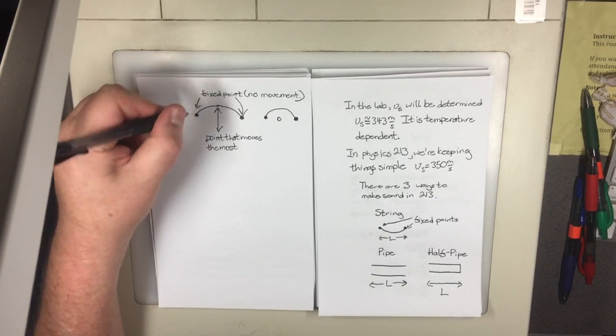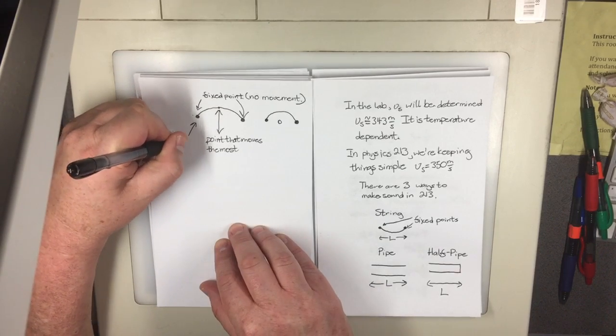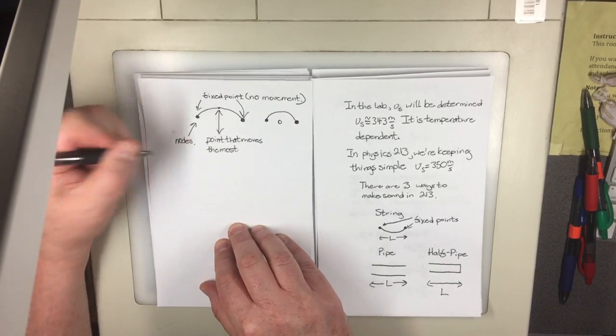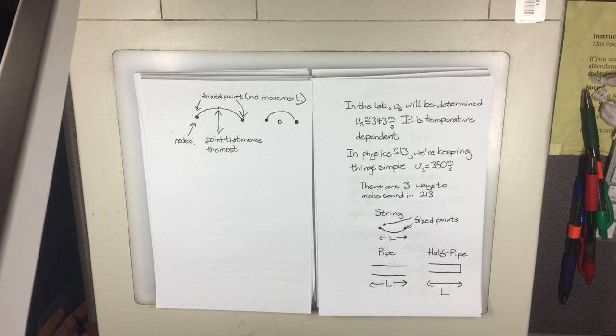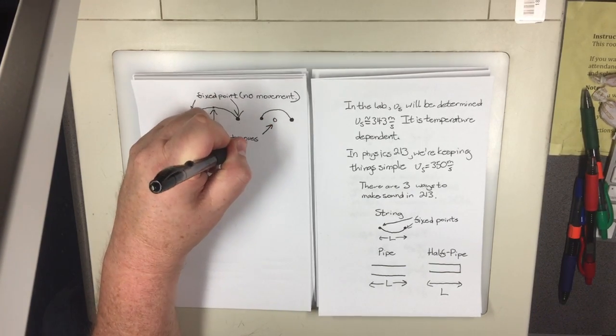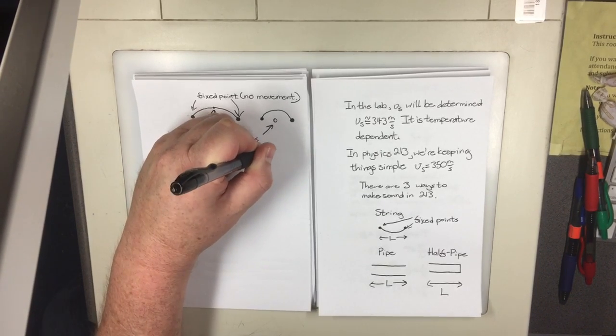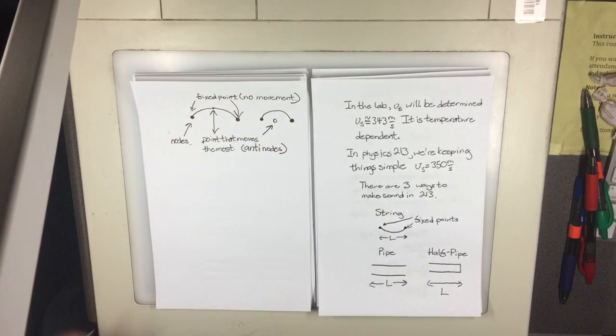These fixed points, the closed points, I call them nodes. Nodes are fixed. Nodes don't move. Nodes don't change. Here, the points that move the most, they're called antinodes. They move the most.